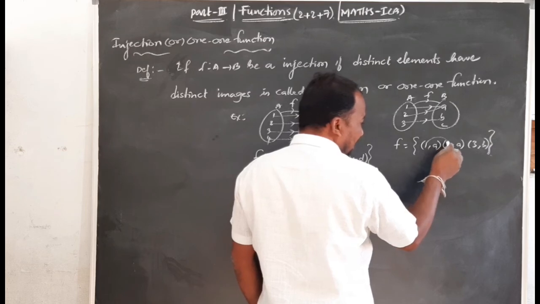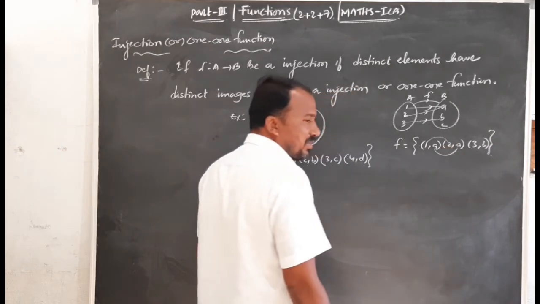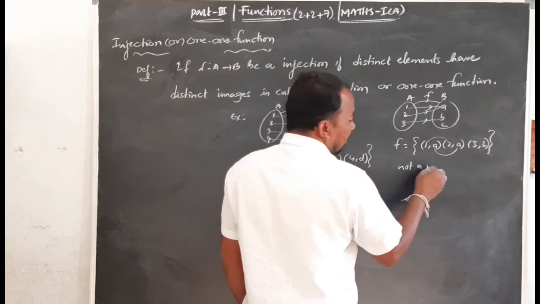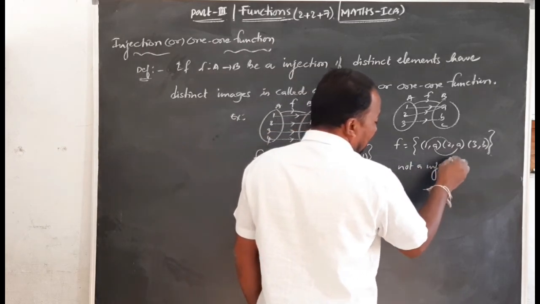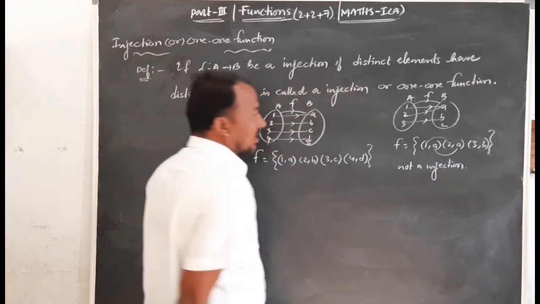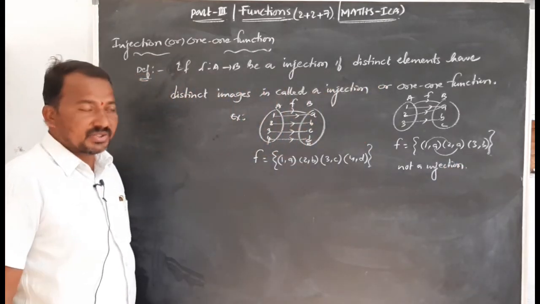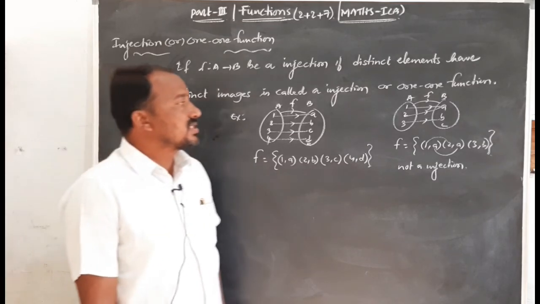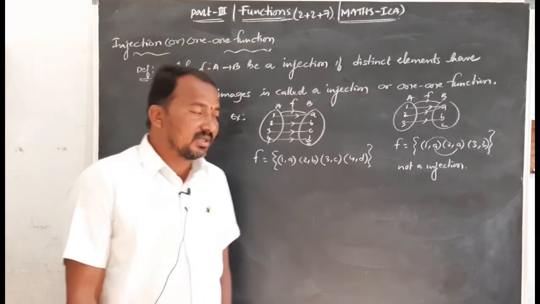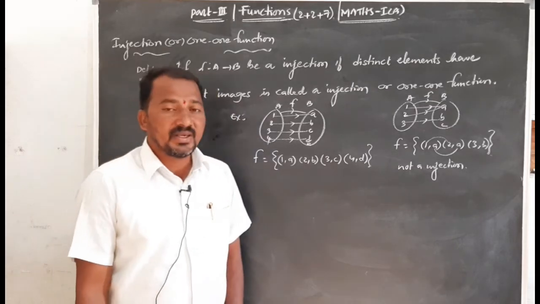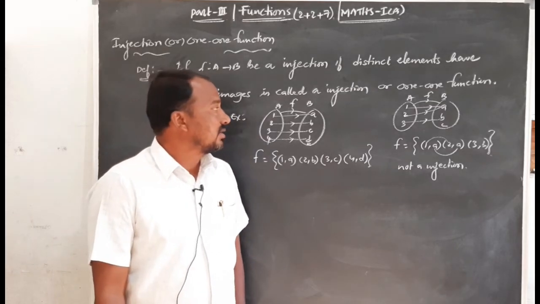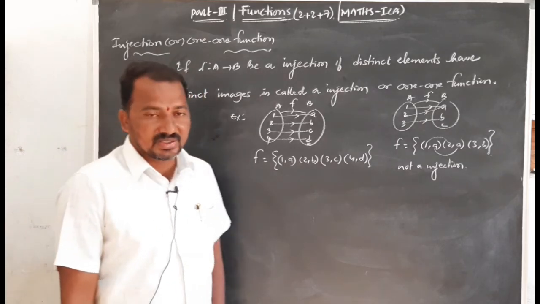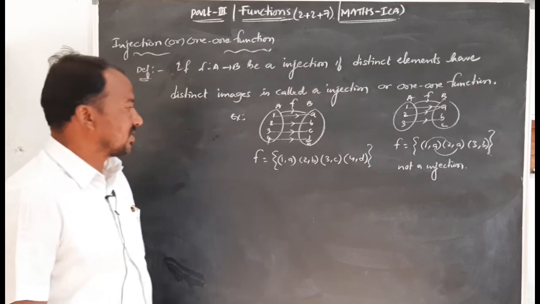Different elements have the same image, so it is not an injection. Understood? f from A to B is an injection if distinct elements have distinct images, called an injection or one-one function.